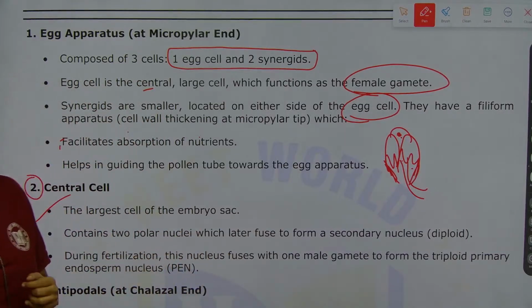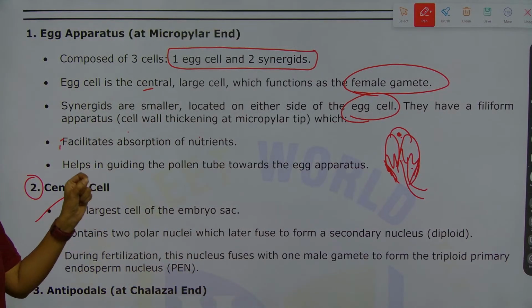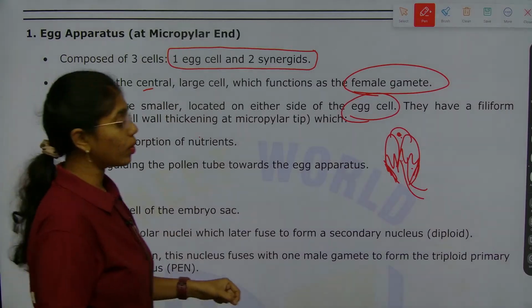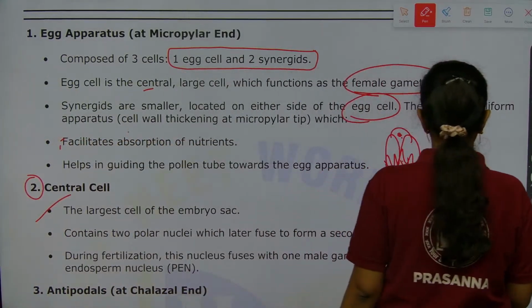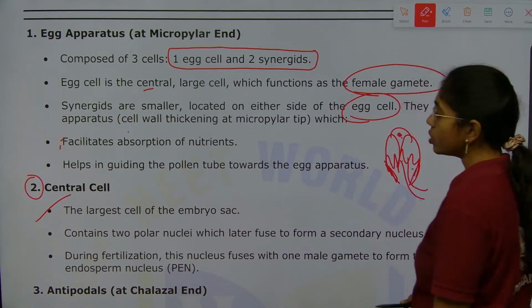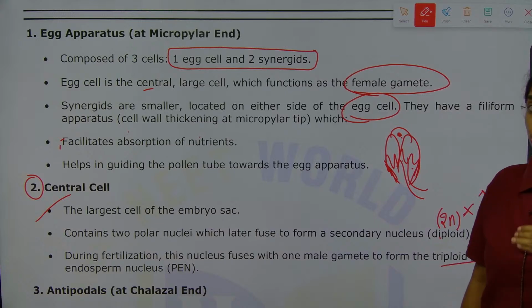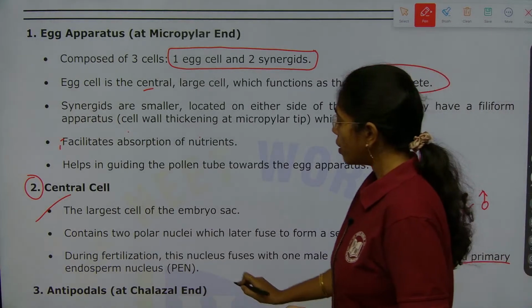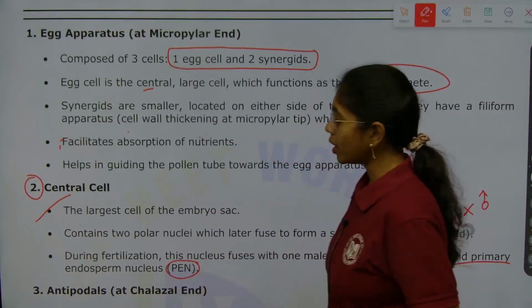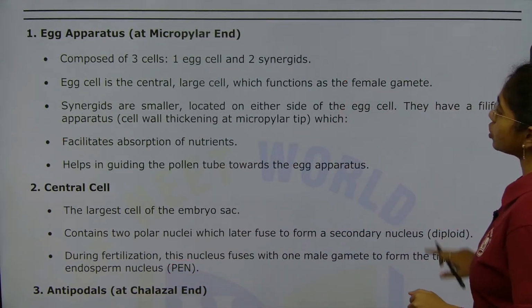The 2 polar nuclei at the center will fuse to form what? Secondary nucleus, which is diploid. During fertilization, this secondary nucleus will fuse with the male gamete and forms what? Triploid primary endospermic nucleus. And antipodals at the chalazal end.